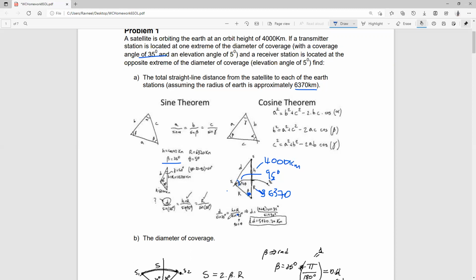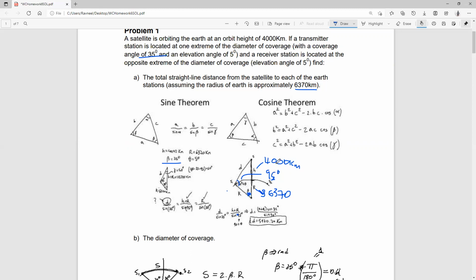We know the h plus r value is 4,000 plus 6,370, and we only have one unknown, d. So we can solve for d. d is equal to h plus r times sine 35 degrees upon sine 95 degrees.